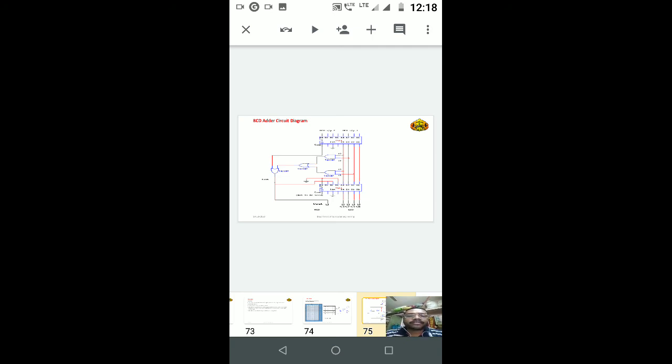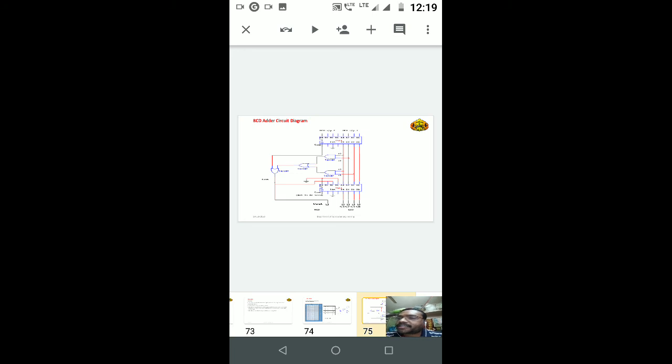Onto these two BCD inputs you apply the addition operation. So what is the output of this BCD addition?